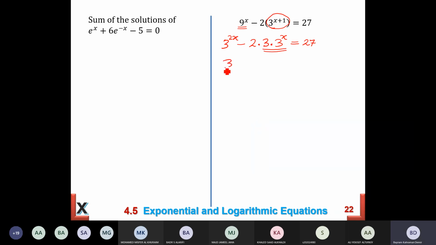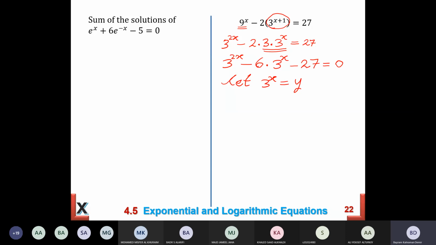So what we got here, 3 to the power of 2x minus 2 times 3 is 6, 6 times 3 to the power of x, and then minus 27 equals 0. Again, let's just call 3 to the x as y, right, Shabab?